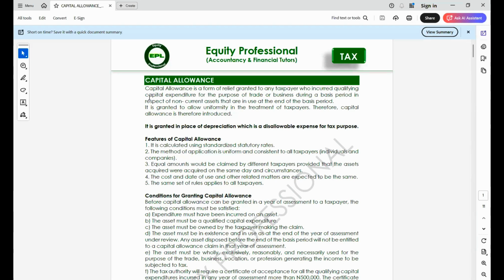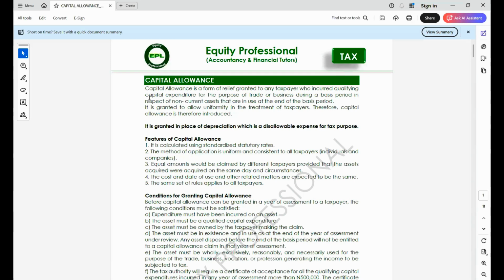Company A can decide to depreciate theirs for 5 years, and company B can decide to depreciate theirs for 10 years. So depreciation is based on company policy, and if you apply that to your tax liability, that is not uniform.